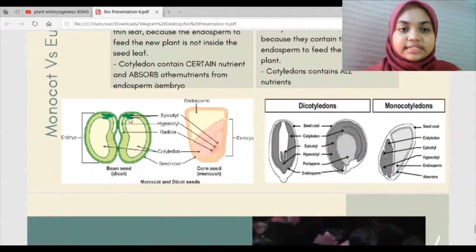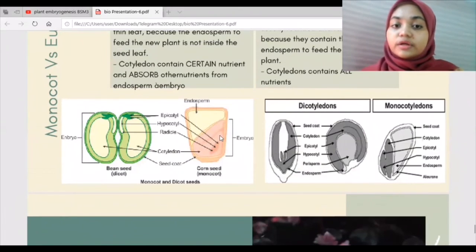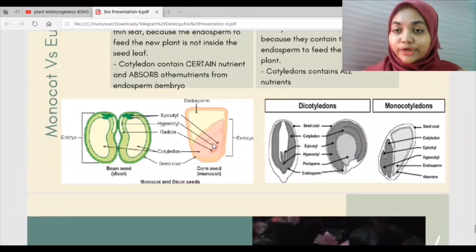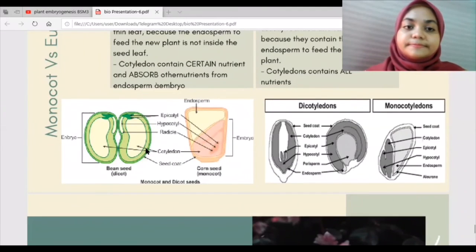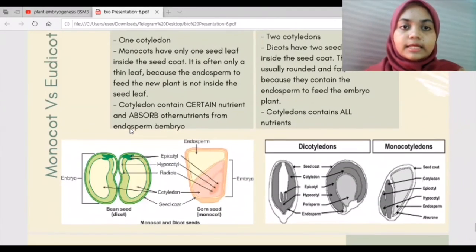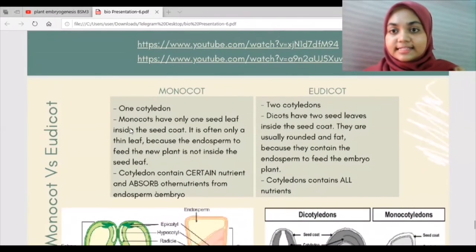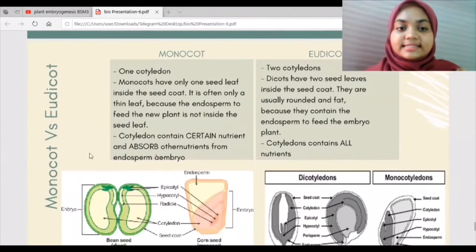This is the cotyledon. They have only one. The example is the corn seed, which is a monocot seed. It has only one cotyledon, and this is the endosperm. Next, eudicots have two cotyledons, 1 and 2.